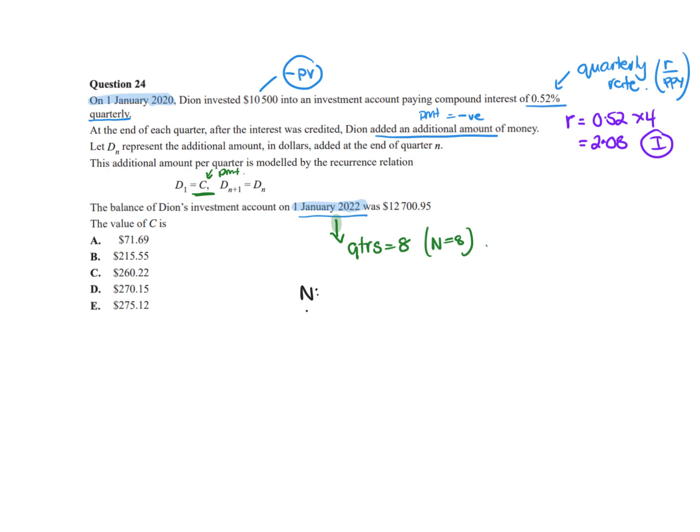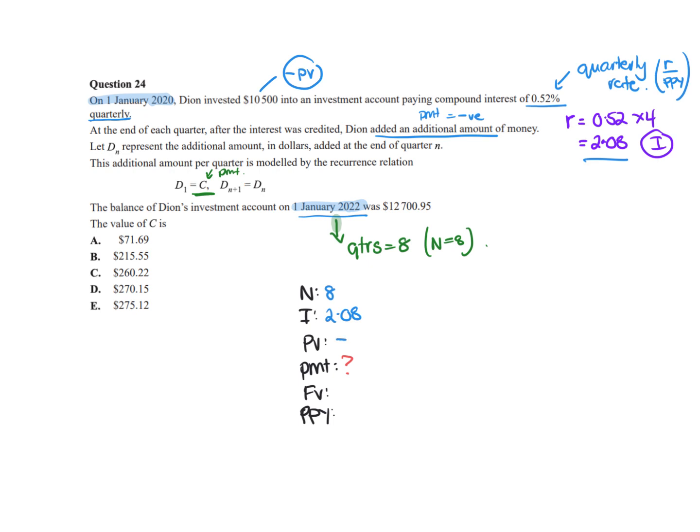So we're going to pop in our titles. Okay, so we know payment's the question. Now let's write in what we know. We know it's 8 quarters. We now know it's actually 2.08 because remember the per annum rate has to go in there.